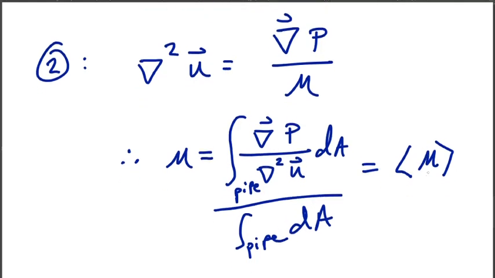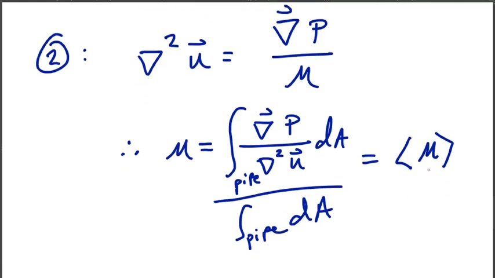And this is one of the ways that the dynamic viscosity mu can be measured, simply by pushing fluid through a pipe and seeing the rate. What you do is you apply a pressure. You measure the mass flux.